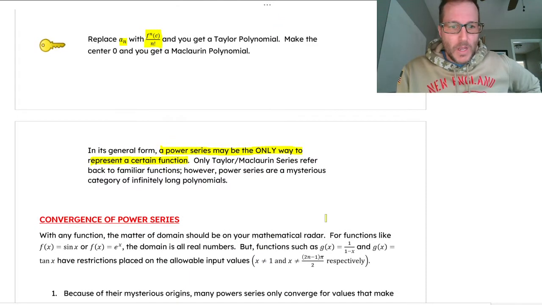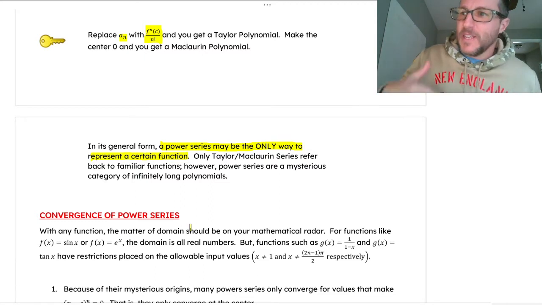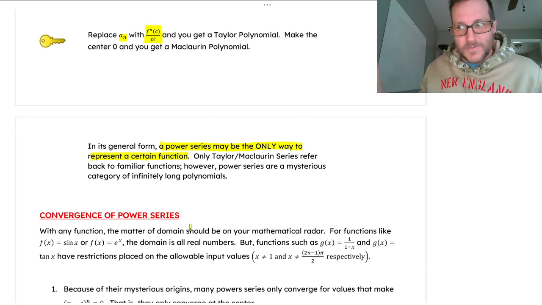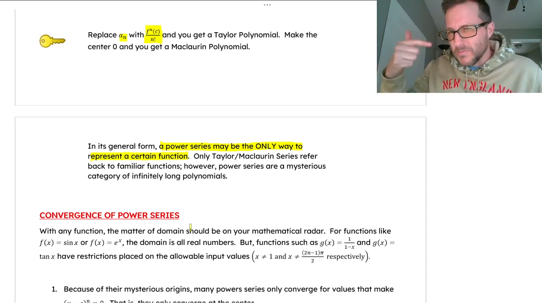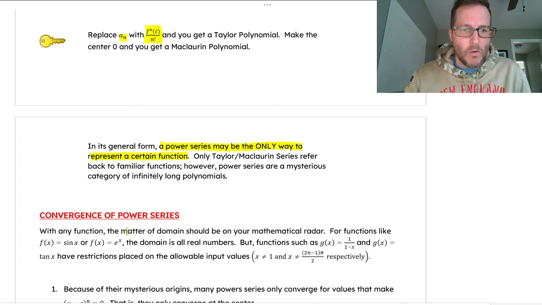All right. So let's talk about the convergence of power series. If these are functions, I just said that these power series are certain functions. Now, functions call to mind domain and range. So the matter of domain, certain functions, right?